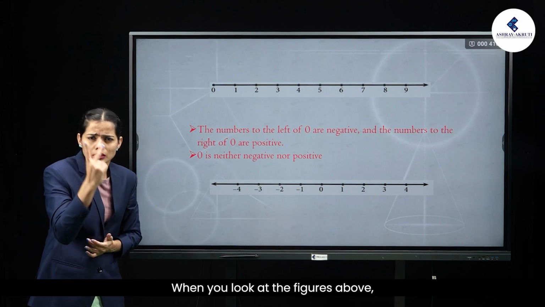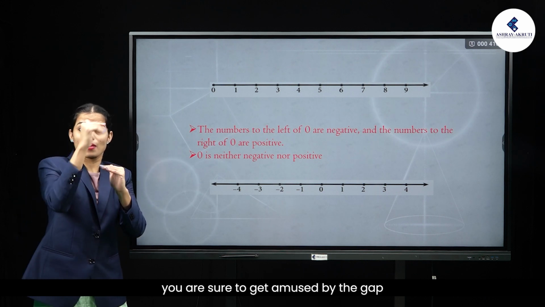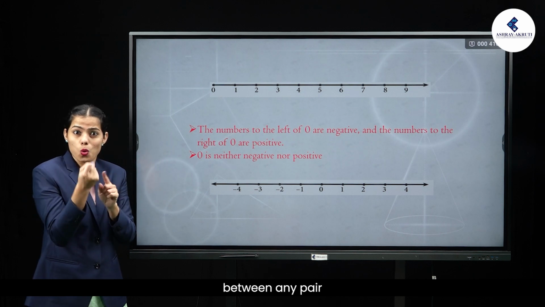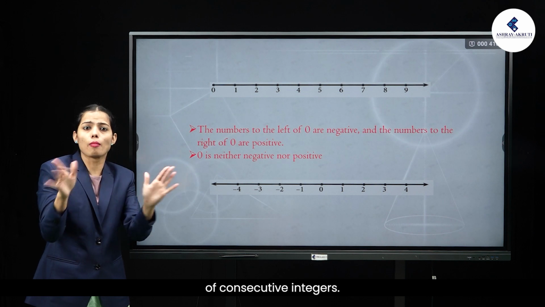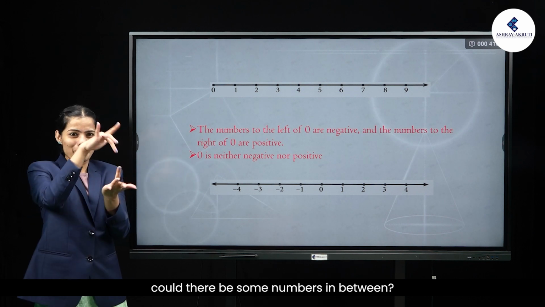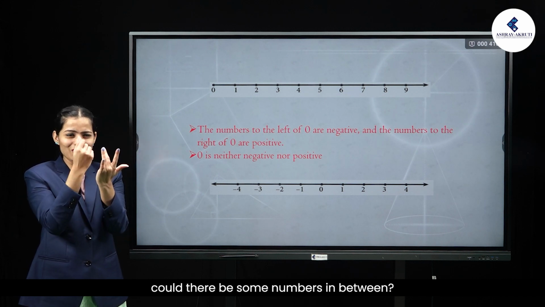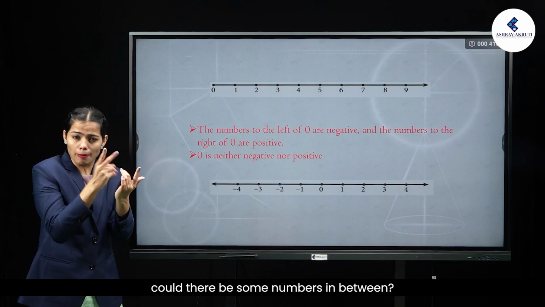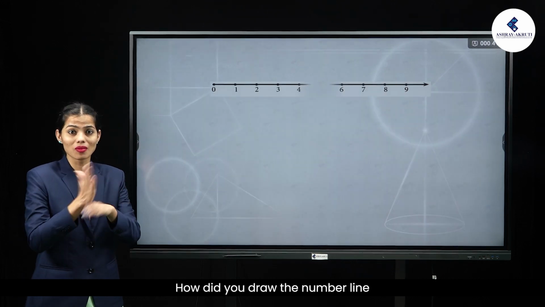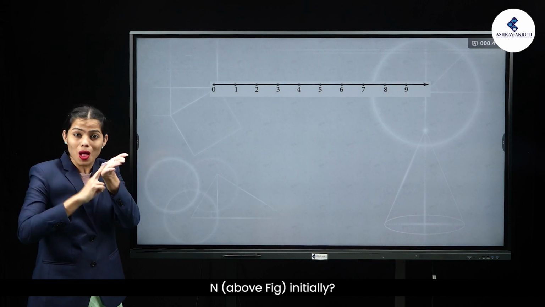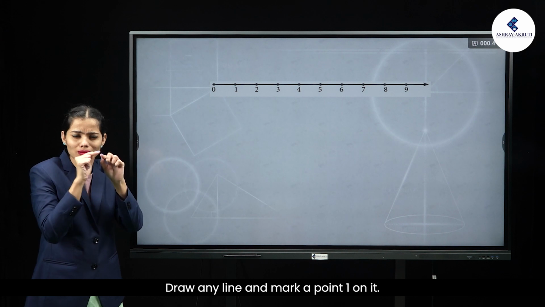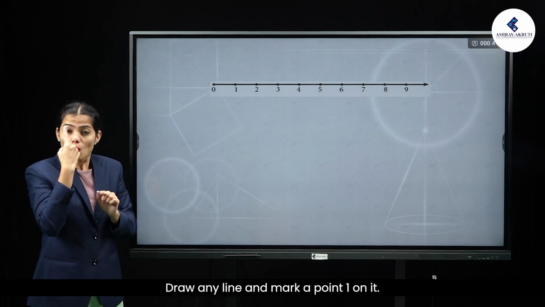When you look at the figures above, you are sure to get amused by the gap between any pair of consecutive integers. Could there be some numbers in between? How did you draw the number line N in the above figure initially? Draw any line and mark a point 1 on it.